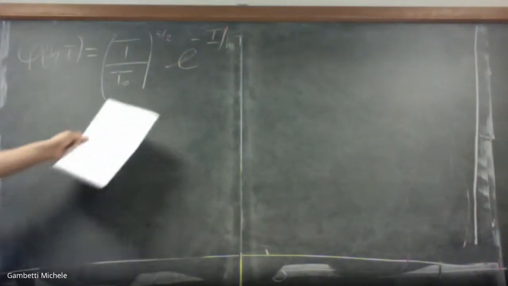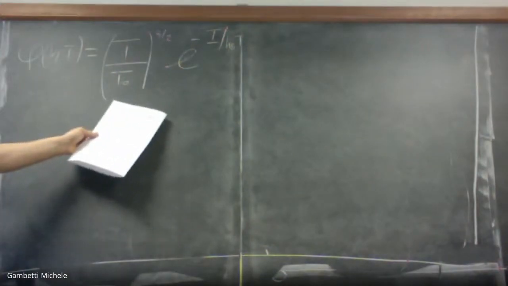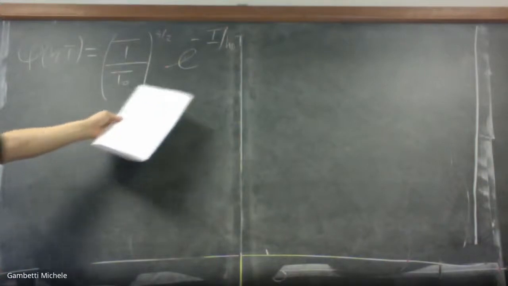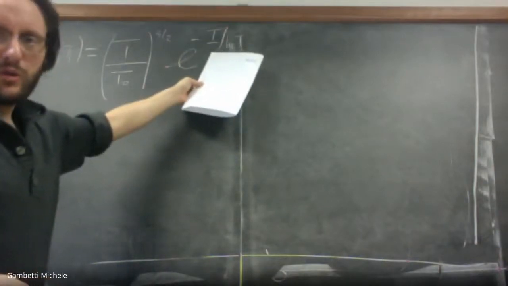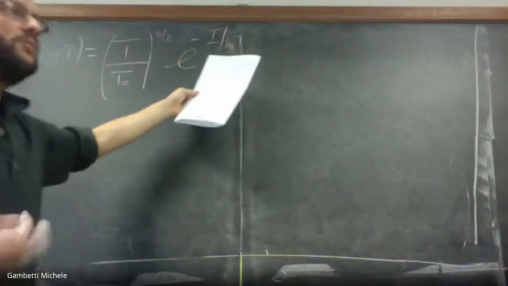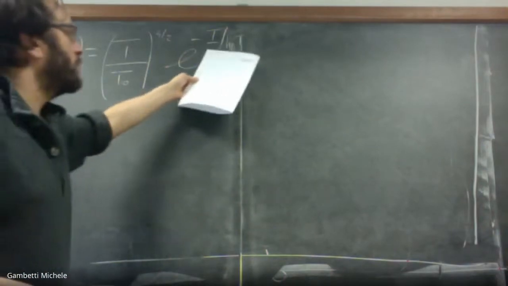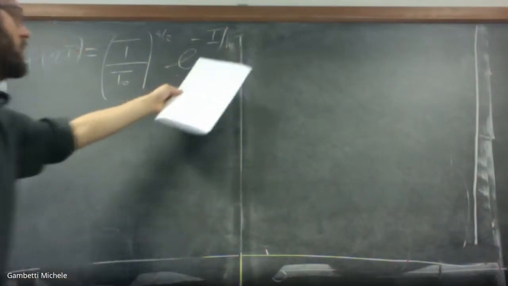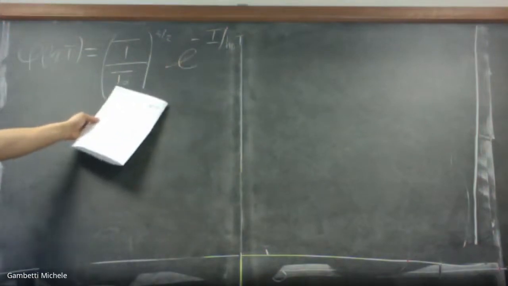So there are two scales which are basically characterizing my system. One is the ionization energy, which of course is something that from the beginning I would have expected to play an important role. But there I have another scale, which is this T0.